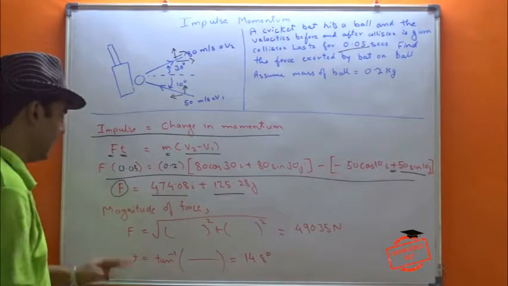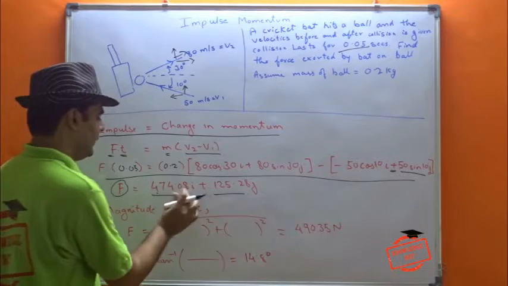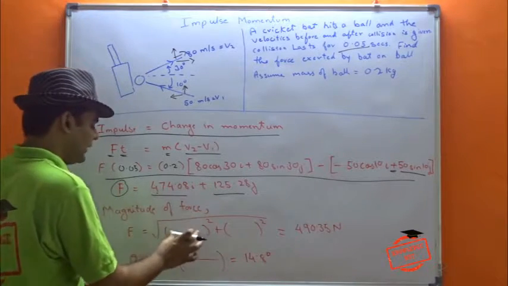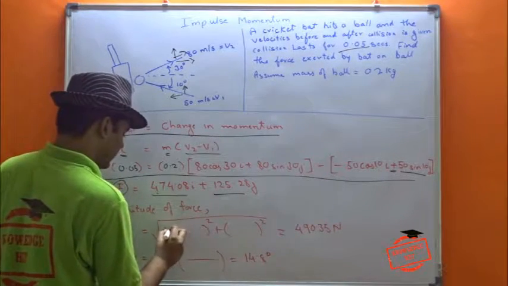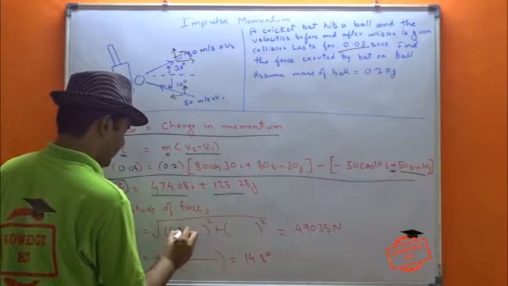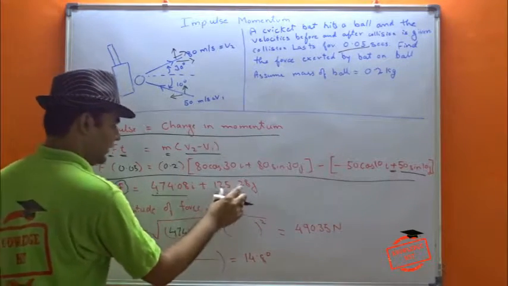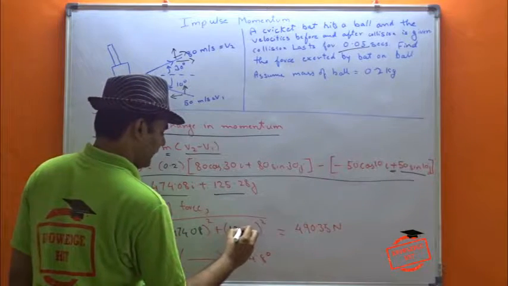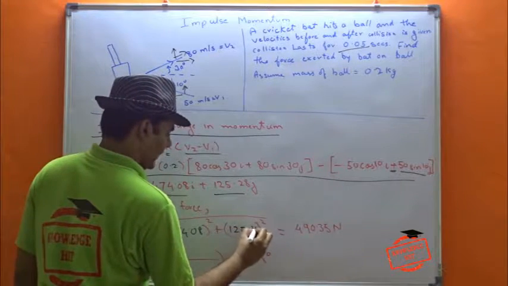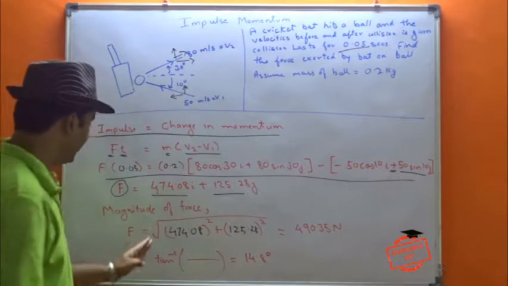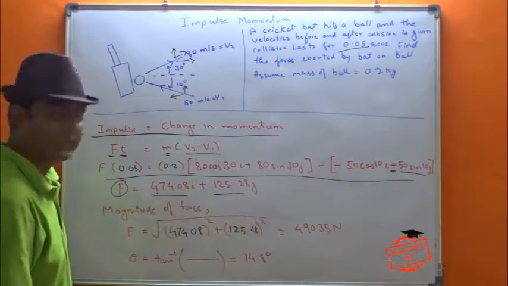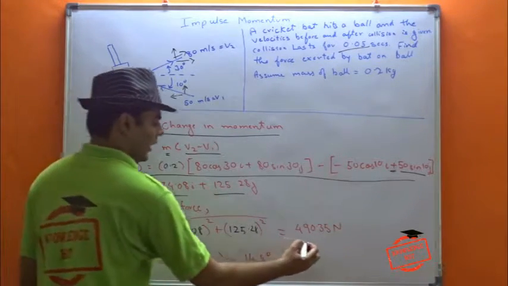Now we have to find the magnitude of these forces. It is given by the square root of the i component squared, 474.08 squared, plus the j component squared, 125.28 squared.